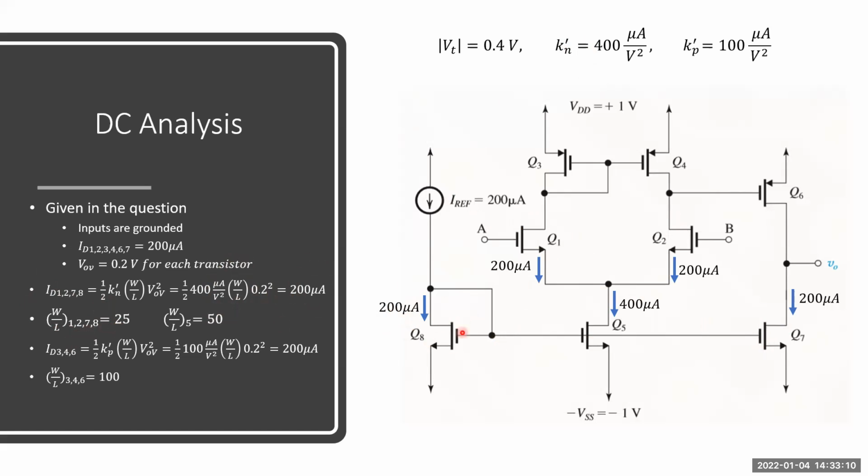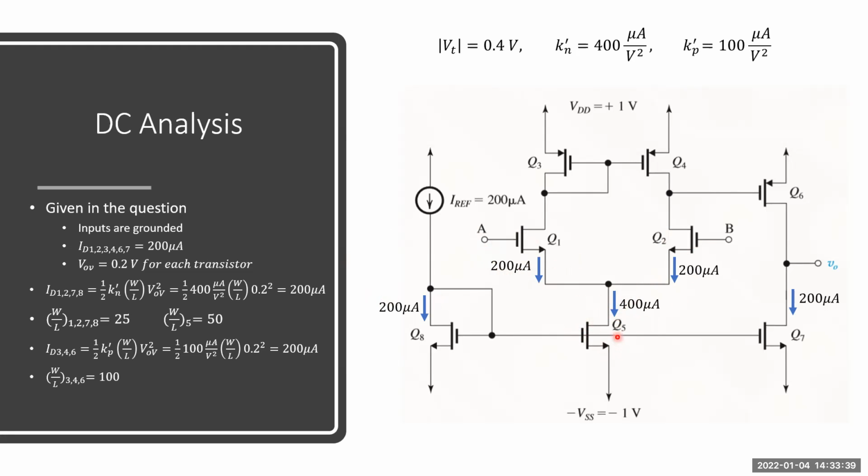We haven't found only one NMOS transistor's W over L ratio, which is Q5, because Q5 conducts not 200 microamp but 2 times higher current, because 200 comes from here, other 200 comes from here. Q5 conducts 400 microamp.